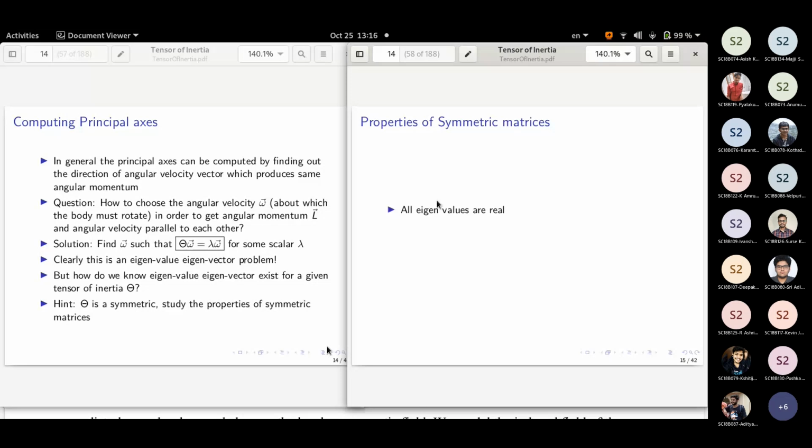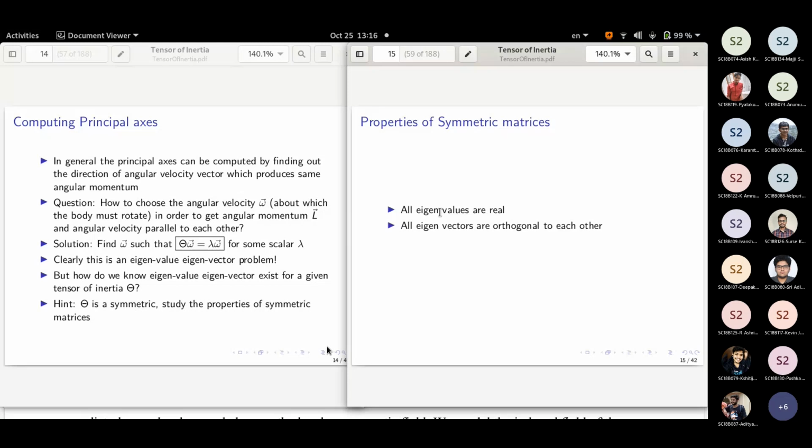If you have a symmetric matrix, then all eigenvalues are real. It will never have a complex eigenvalue. We will show that shortly. Not only that, the eigenvectors are orthogonal to each other, because that is how we want the coordinate axes to be. The XYZ axes should not have some acute angle or obtuse angle.